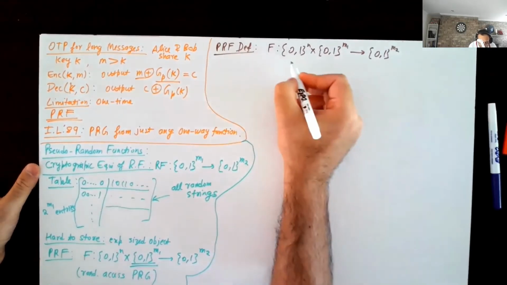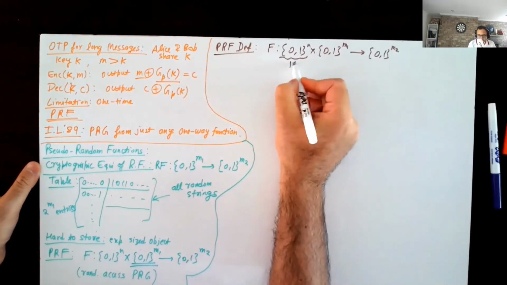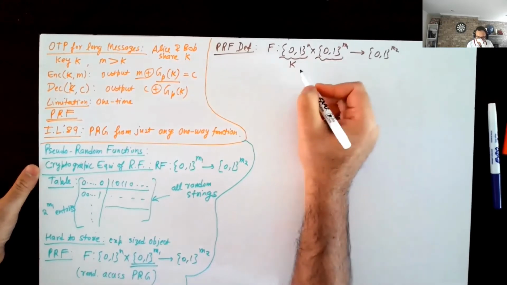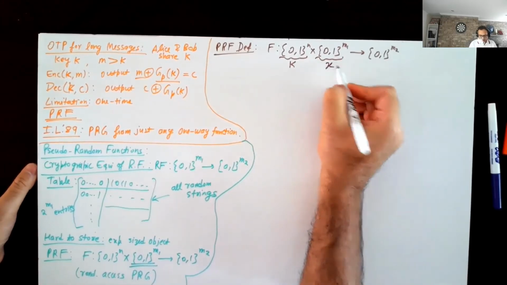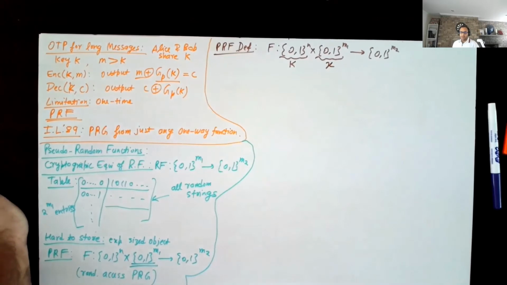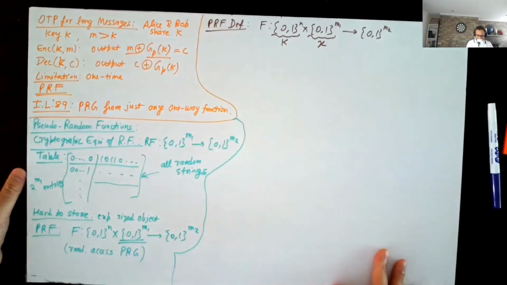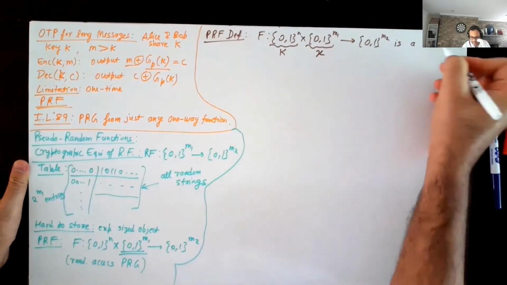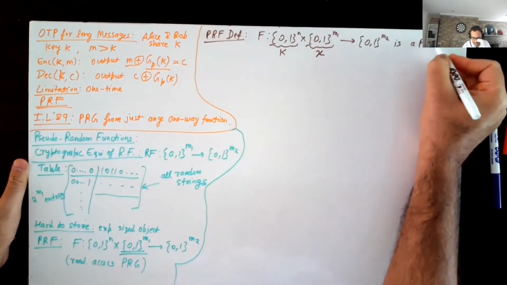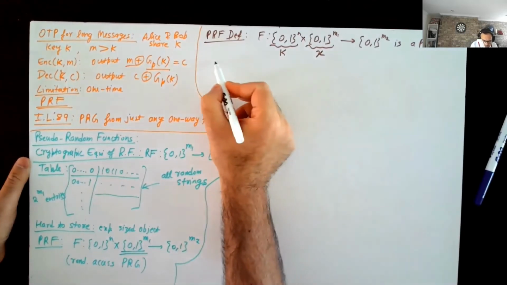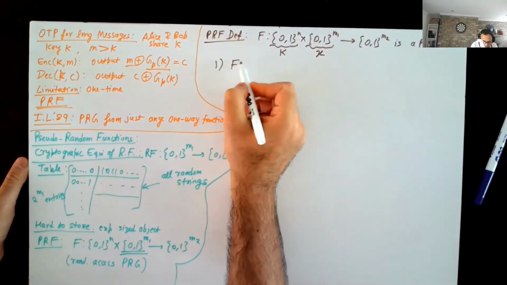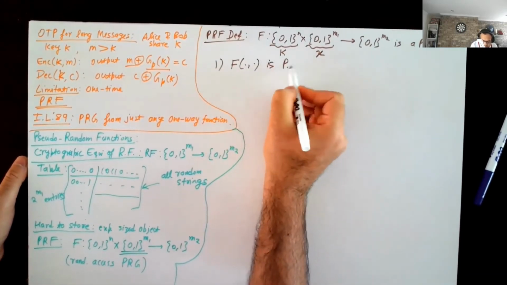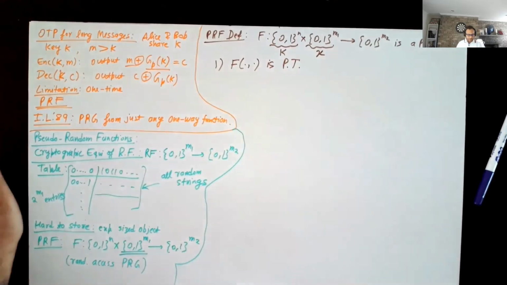So typically we will denote this by the key or seed. You can also call it S, and the position or the input is X. So this is called a PRF if the following conditions are satisfied. So first, as usual, F on every input runs in polynomial time, and it is deterministic.